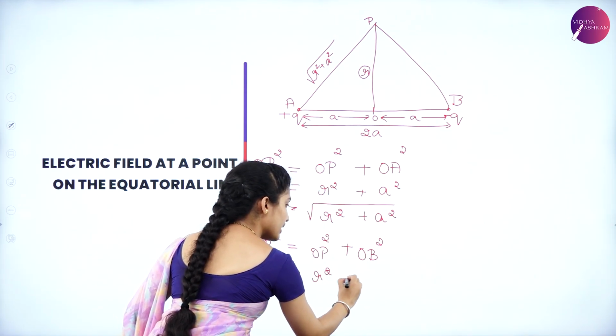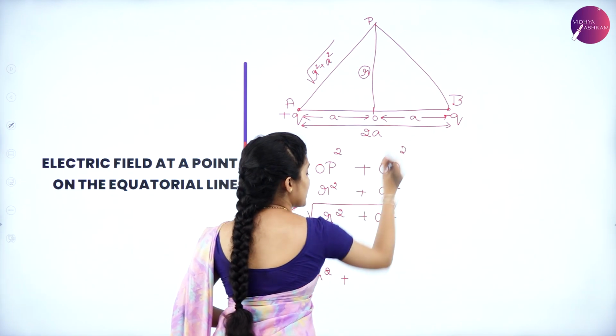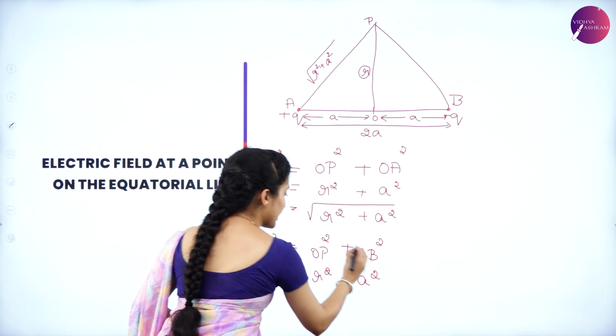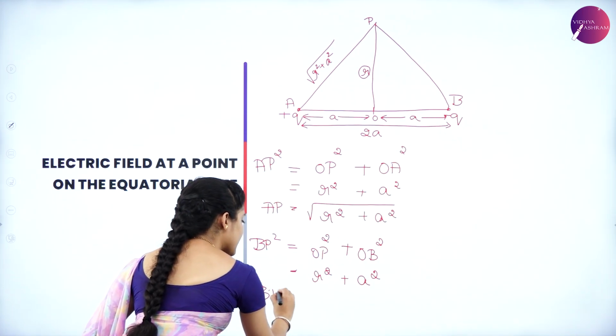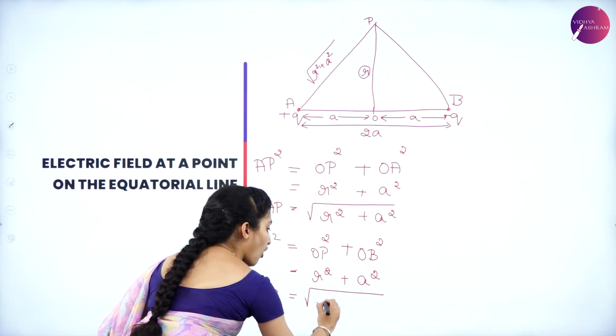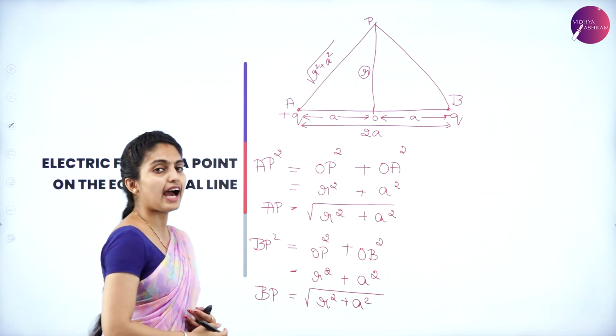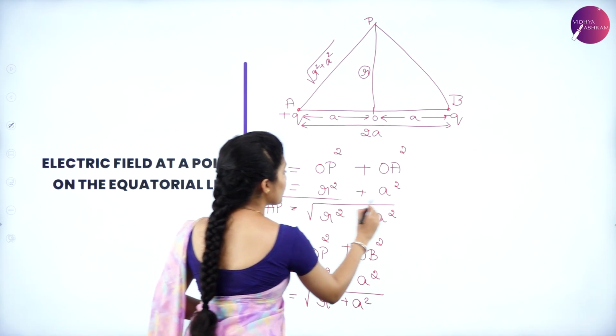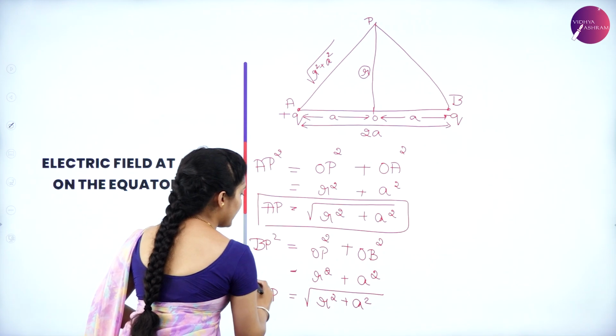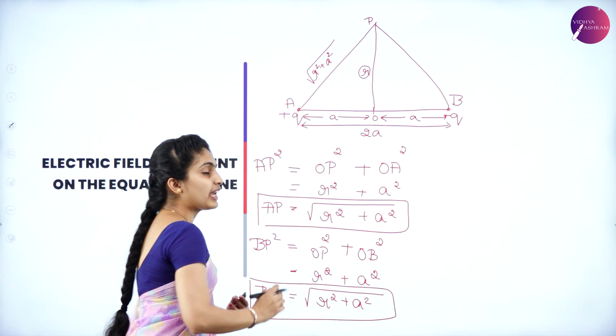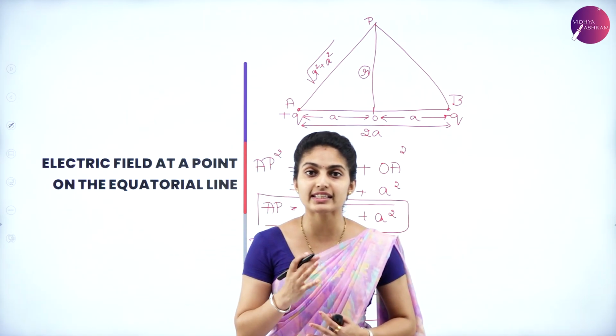It is R square plus, OB is what? It is A, so I can just consider it as A square. So your BP becomes root of R square plus A square. So here we have our hypotenuse values, that is AP as well as BP. So we have the value for all 3 sides of the triangle.